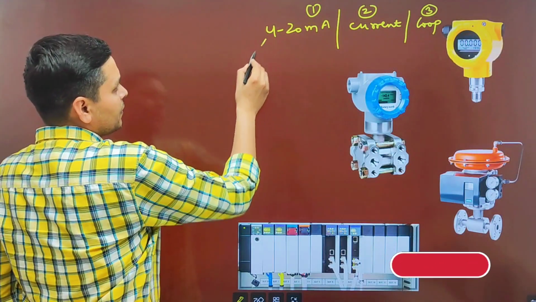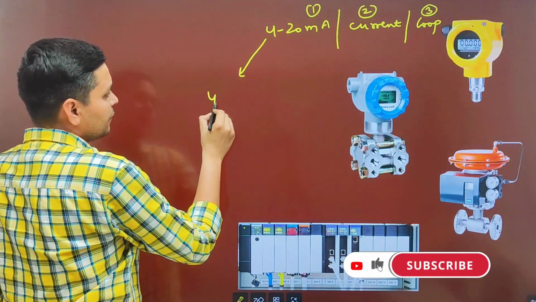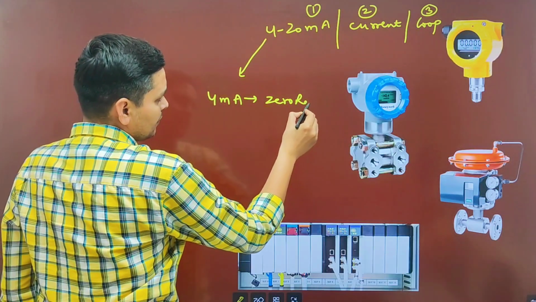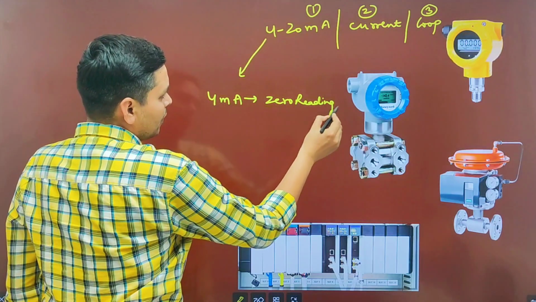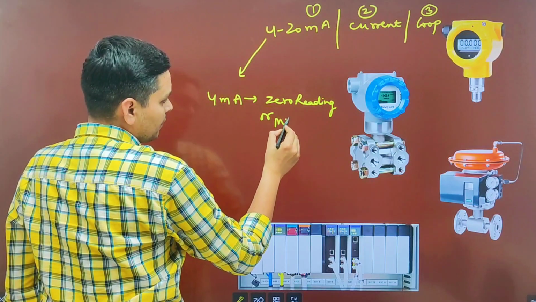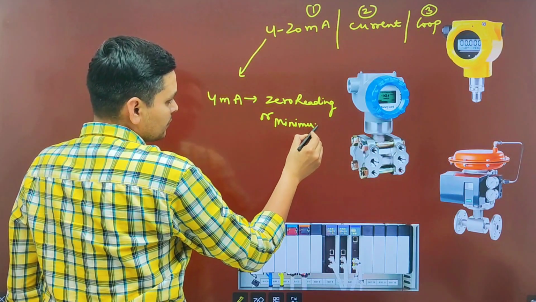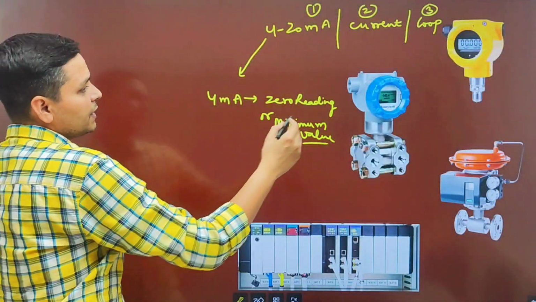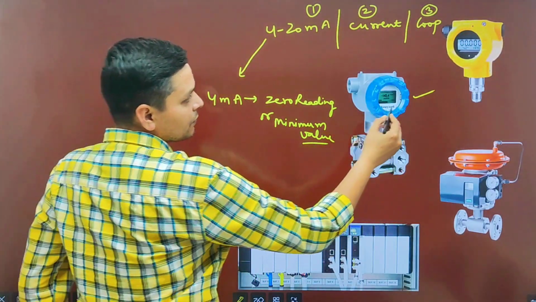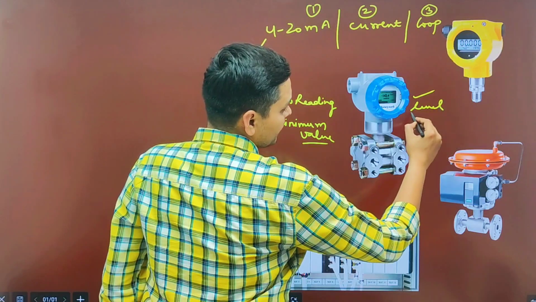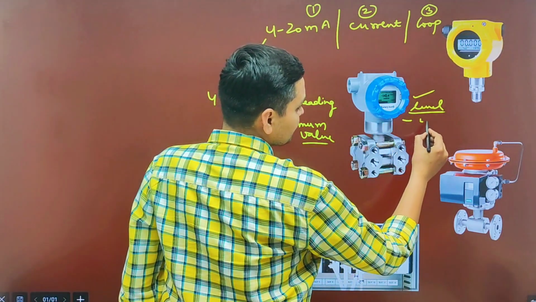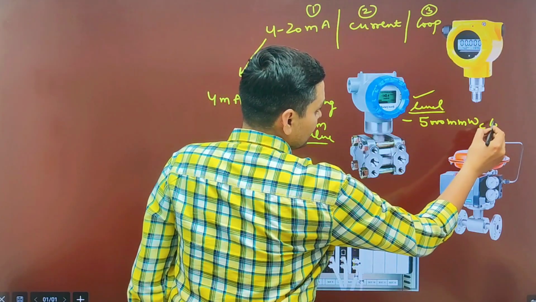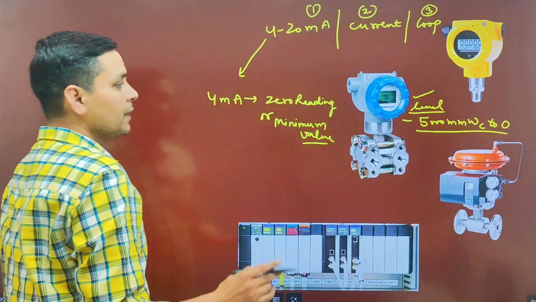Look friends, if we talk about 4 to 20 milliampere, at 4 milliampere we will get 0 reading or minimum value. Suppose we are using this type of transmitter for measuring the level and its range is minus 5000 mmWc to 0.